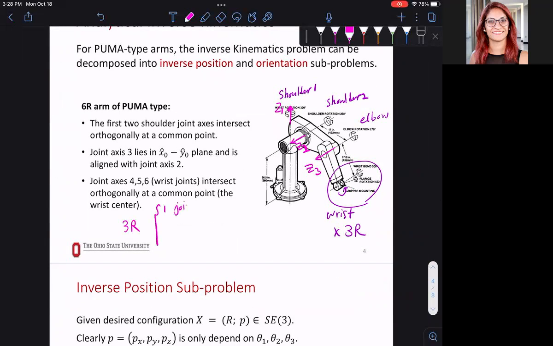We define z0, x0, y0 at the base, right?